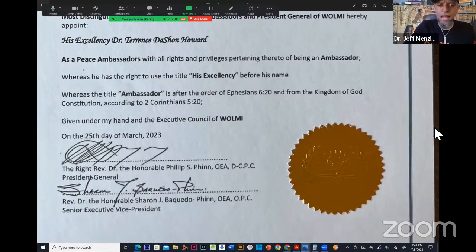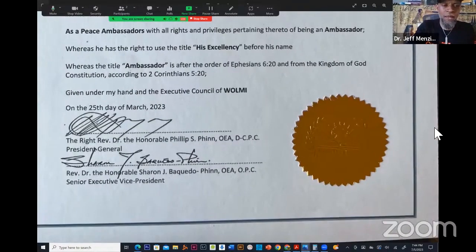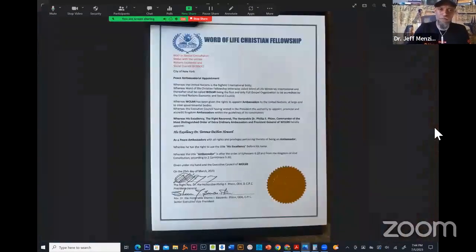Whereas the title ambassador is after the order of Ephesians 6:20 and from the Kingdom of God Constitution according to 2 Corinthians 5:20. Under my hand and Executive Council of WOLMI, on the 25th day of March of 2023, the Right Reverend Dr. the Honorable Philip S. Finn and the Reverend Dr. the Honorable Sharon J. Baquedo Finn, Senior Executive Vice President.